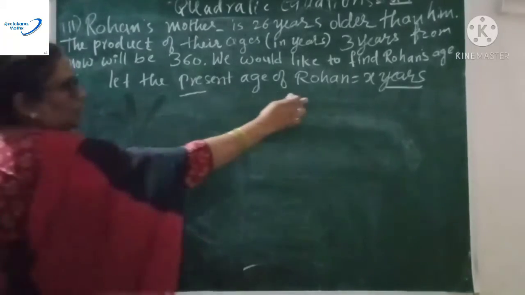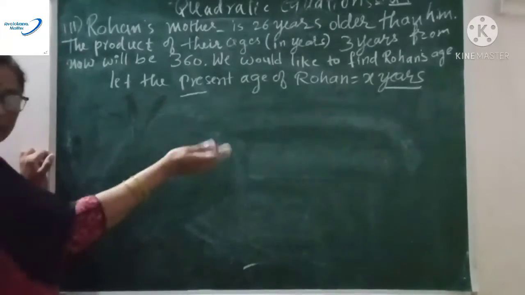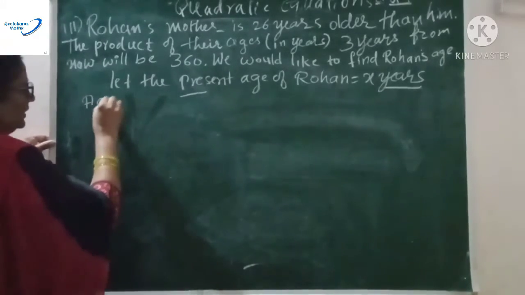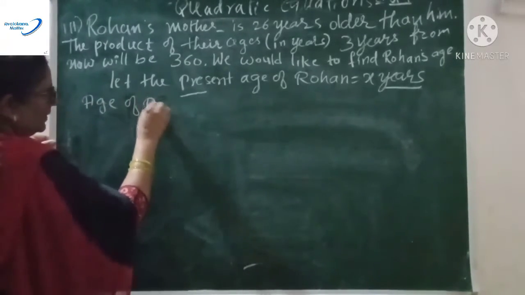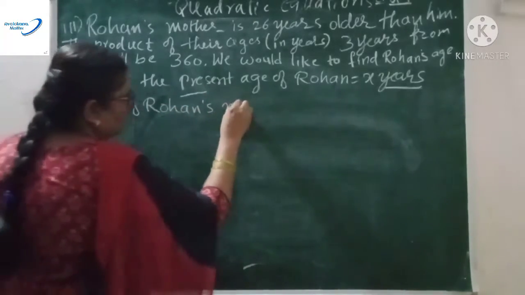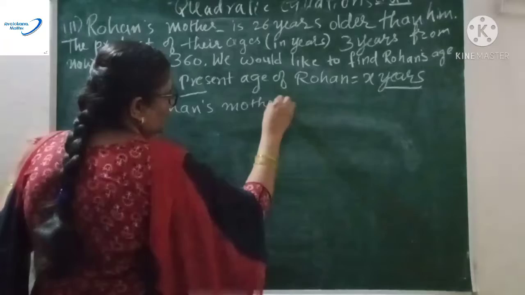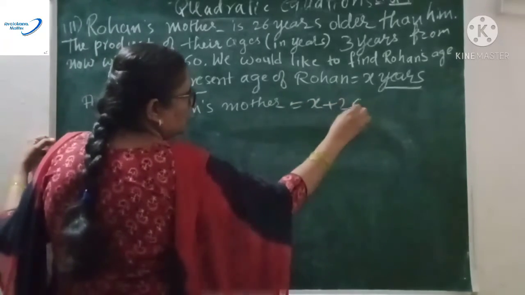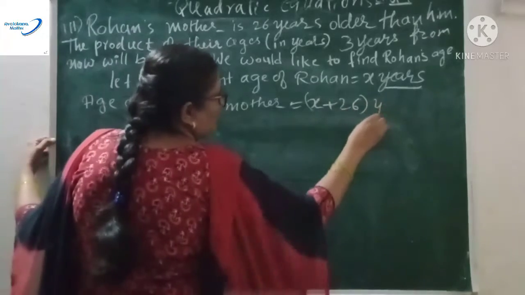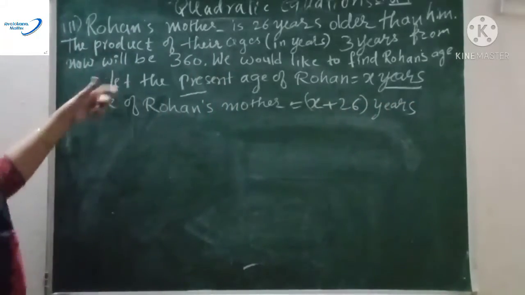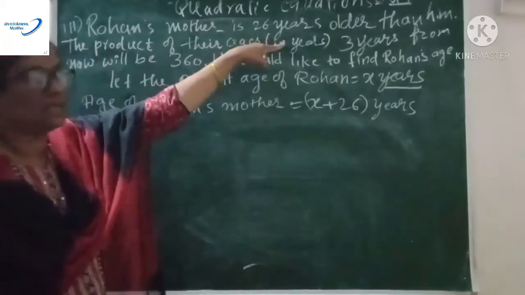Let the present age of Rohan be x years. Then the age of Rohan's mother, present age of course, is his age plus 26. This gives the age of his mother. Okay. These are the 2 things we get from this first line.